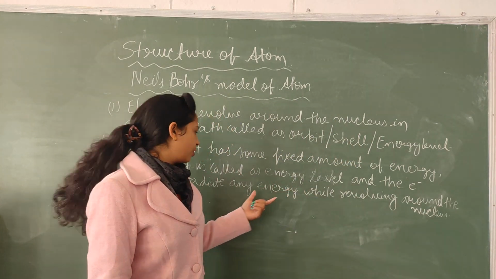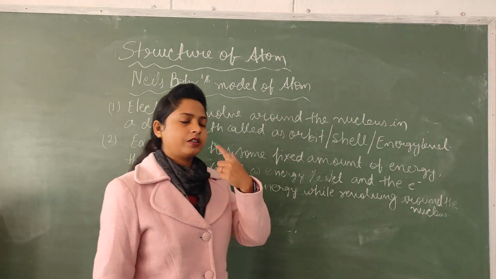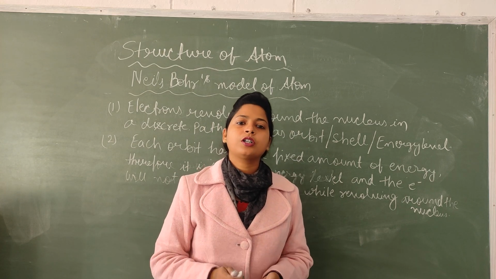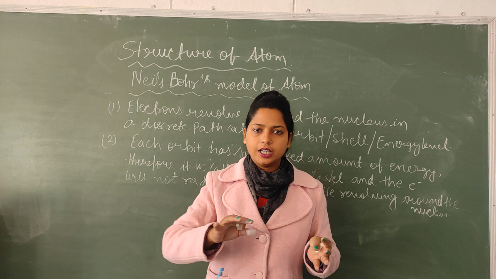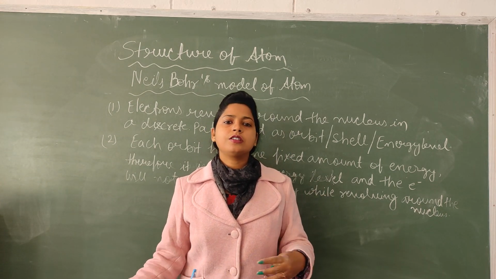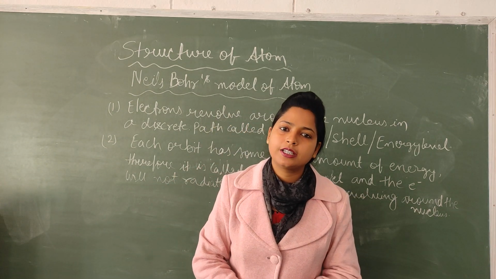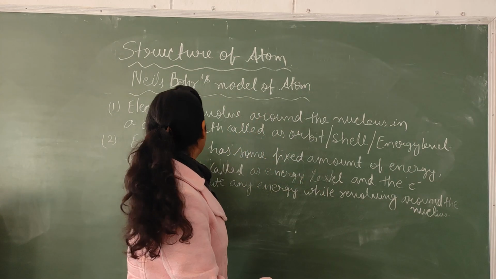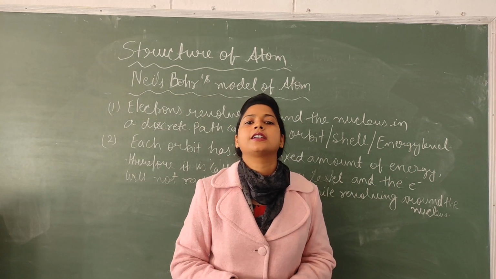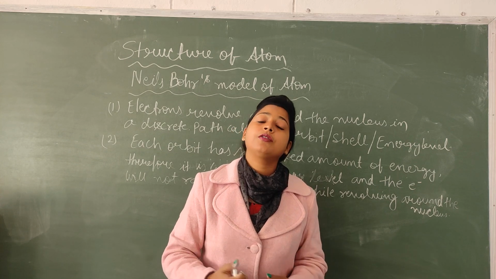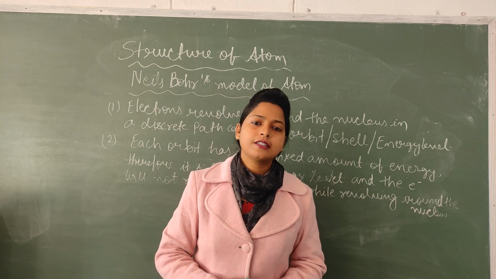Okay, so रदरफोर्ड का जो ड्रॉबैक था, रदरफोर्ड का ड्रॉबैक क्या था कि इलेक्ट्रॉन अगर रिवॉल्व करेगा तो एनर्जी रिलीज करता रहेगा और रिलीज करते करते सारा एनर्जी रिलीज हो जाएगा, वो अल्टीमेटली न्यूक्लियस में गिर जाएगा. लेकिन नील्स बोर की थ्योरी में क्या कहा गया कि हर ऑर्बिट का एक खास एनर्जी होता है. He had given the formula also that you have to read in class 11.